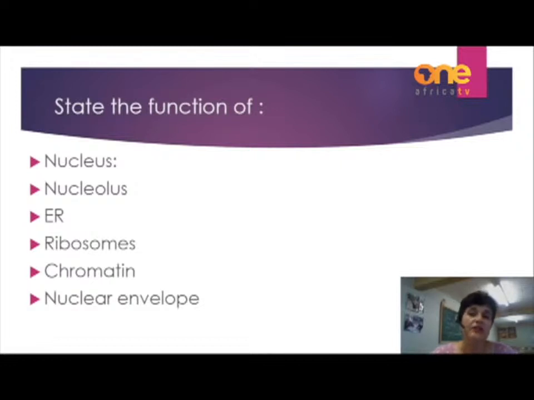What is revision? To repeat. And that is how we study. So, I want you to copy these labels and then see if you can find the function. Yes, you will have to go to the start of your textbook to find the functions of all these parts.